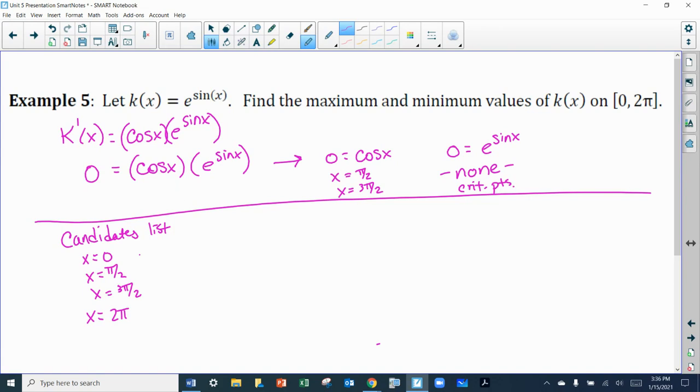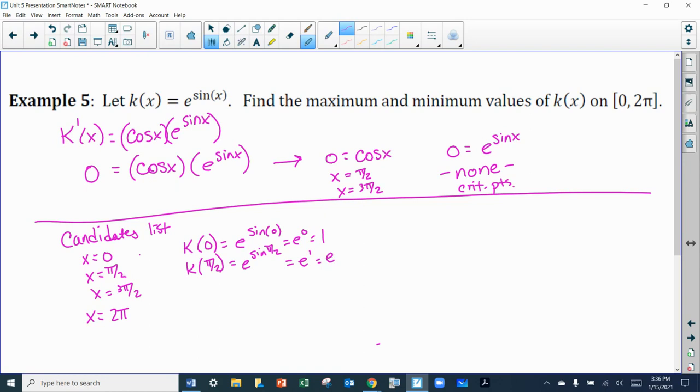All right, taking them back into k of 0. e to the sine of 0 makes e to the 0 makes 1. You kind of dread e's and trig functions, but sometimes, honestly, they're easier. e to the sine of pi over 2 is e to the 1.